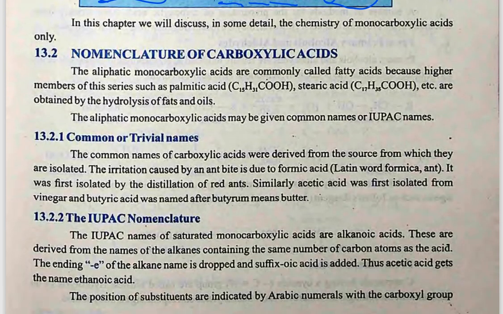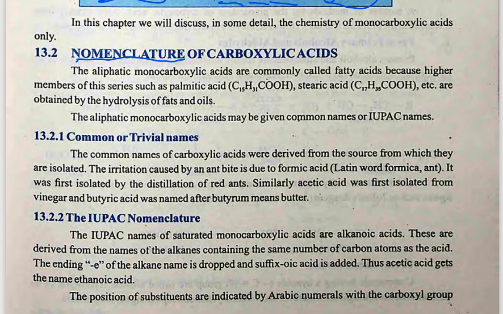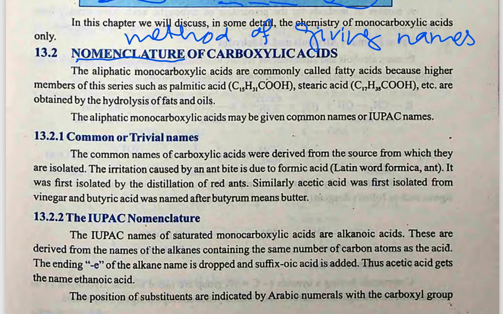So here we are exposed to the nomenclature of carboxylic acids. Nomenclature means the method of giving names. The aliphatic monocarboxylic acids are commonly called fatty acids.